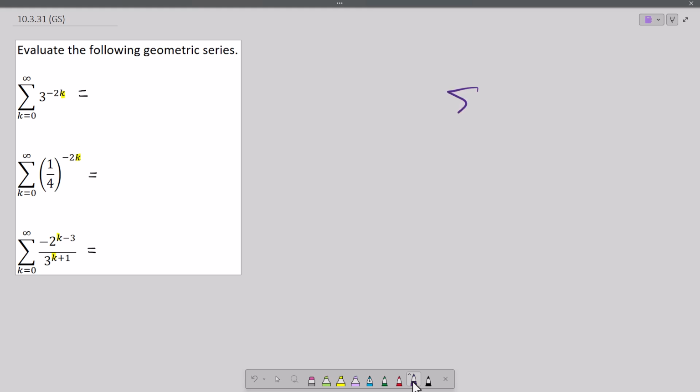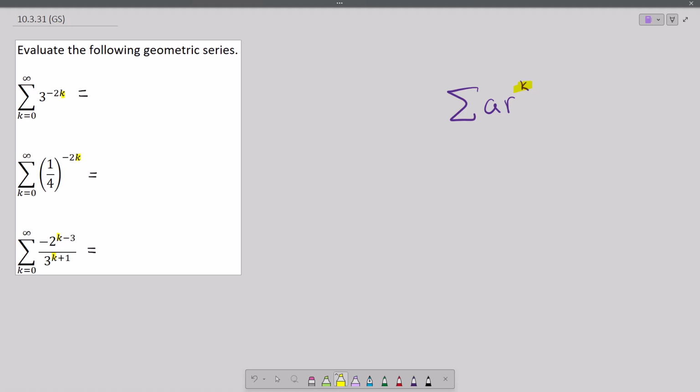When we have a geometric series, this is the form that we think of. The key component is that the exponent is nothing more than k. It's not 2k, it's not negative k, it's k.